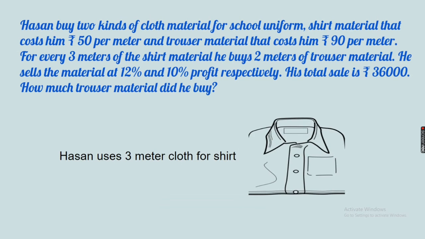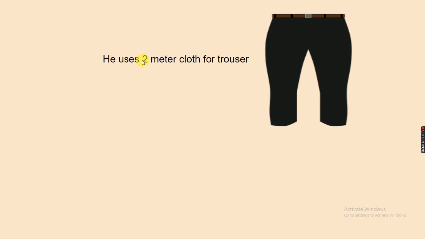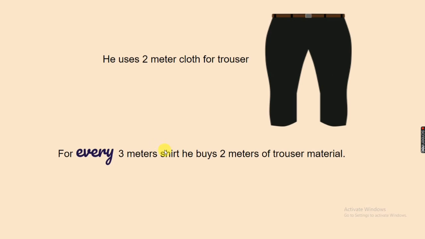Hassan uses 3 meters of cloth for one shirt, and for one trouser, he uses 2 meters of cloth. For every 3 meters of shirt material, he buys 2 meters of trouser material.